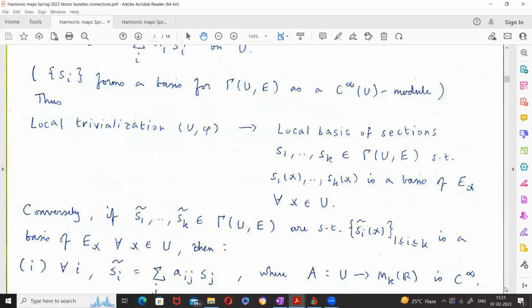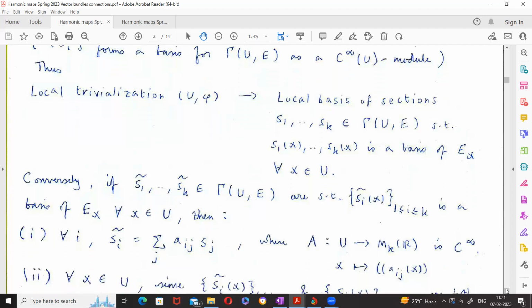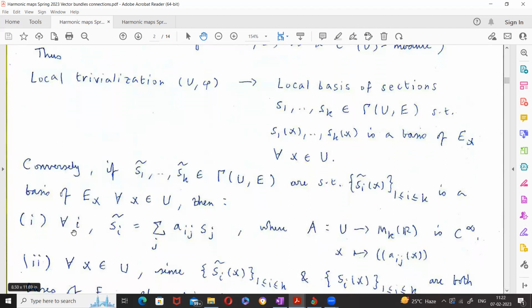Then, first of all, I can write S_I tilde in terms of my original local basis of sections S_I, right? So each S_I tilde is the sum over J of A_ij S_j, where these A_ij's I can think of as the coefficients of a smooth matrix valued function, capital A from U into M_K(R).